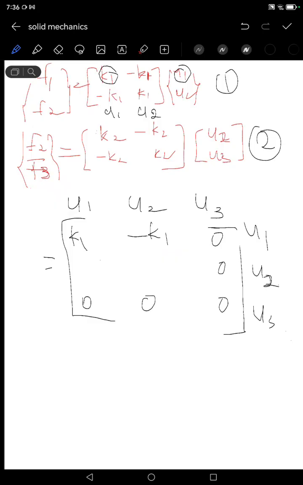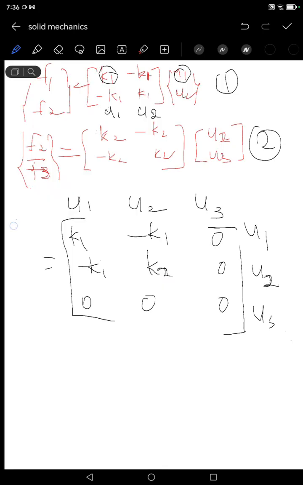And then now let's focus on u2. u2 goes with u1, which is negative k1. Okay, u2 and u2 is positive k2, like this. So this part is for the first element too.